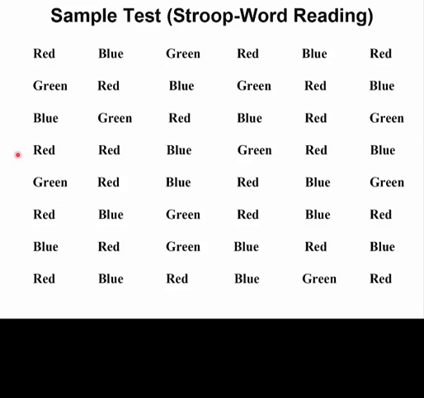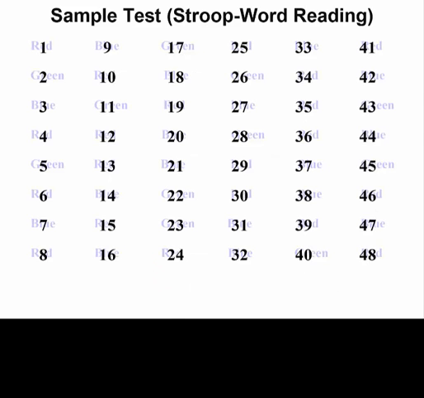You're going to go down the column, and then you're going to start back up in the next column, which indicates blue. And then you're going to go down the second column, and you'll keep doing that until I tell you to stop. When I tell you to stop, you'll be presented with a page like this that will demonstrate how many words you have read. If you understand what you're to do now, let's proceed.